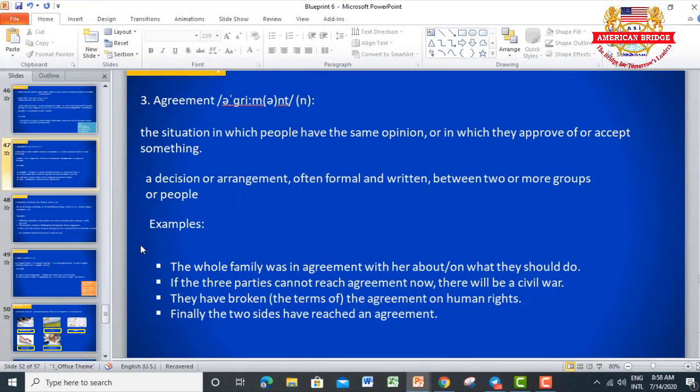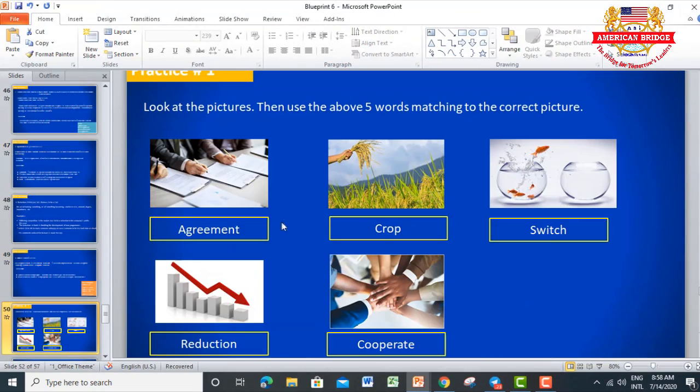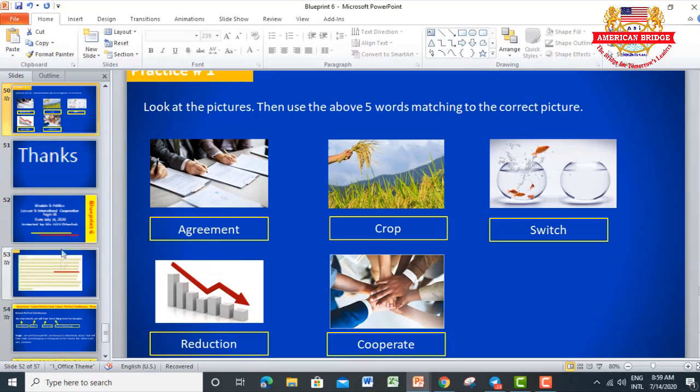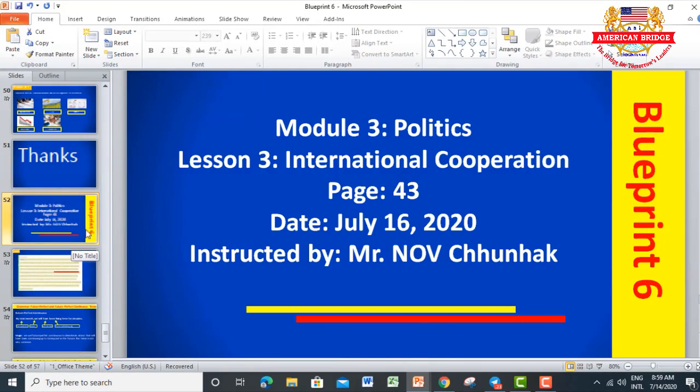Okay, so now we move to our slide one. You will see the pictures here: agreement, crop, switch, reduction, and cooperate. So the lesson that you are going to study today is about the grammar, the future perfect and future perfect continuous.